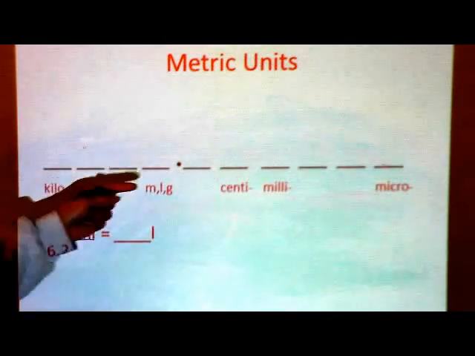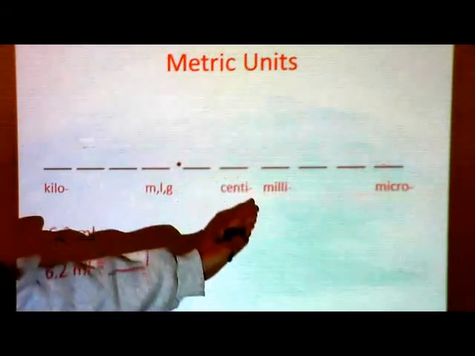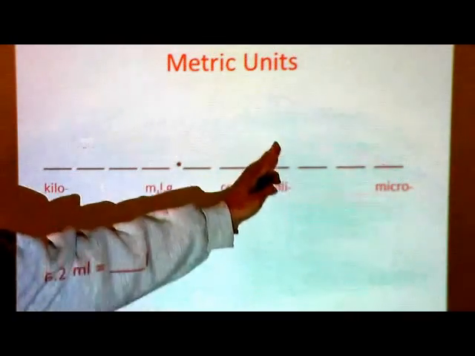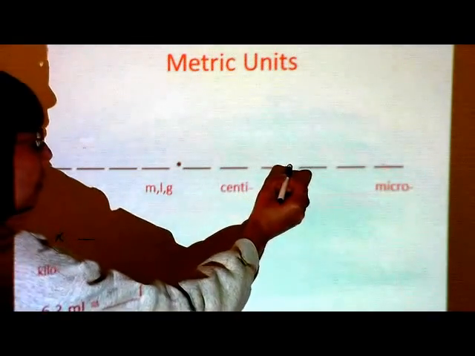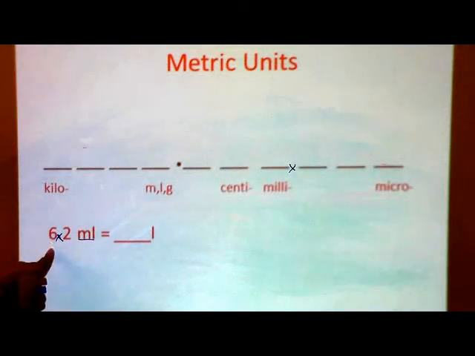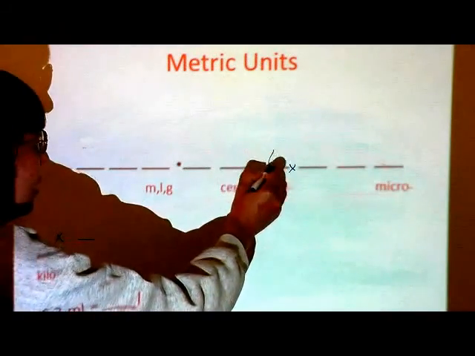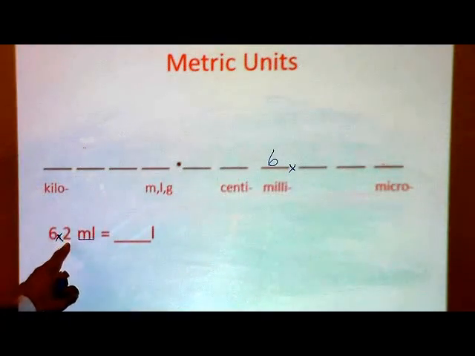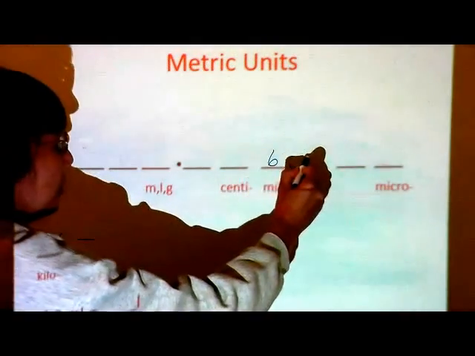Go to your number line and figure out where you're at. So we are here, and the decimal point for this column will have to be here. One space to the left is the number 6. One space to the right is the number 2.